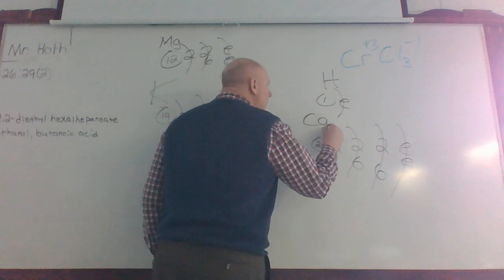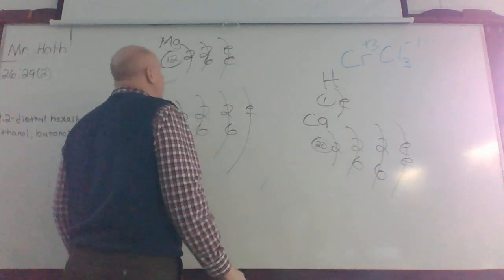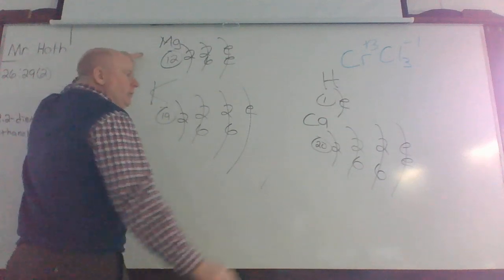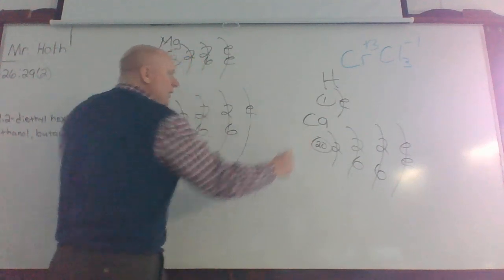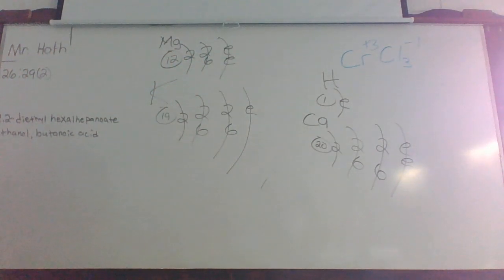Okay, so why is it that magnesium and calcium are not going to have identical properties, but they're going to have really, really similar ones? True, they're both alkaline earth metals, but more importantly, you're getting way ahead of yourself.